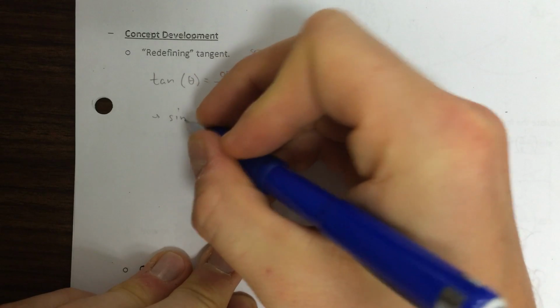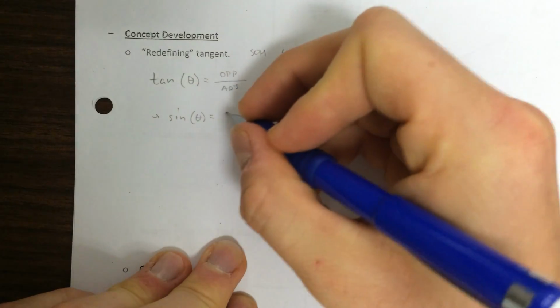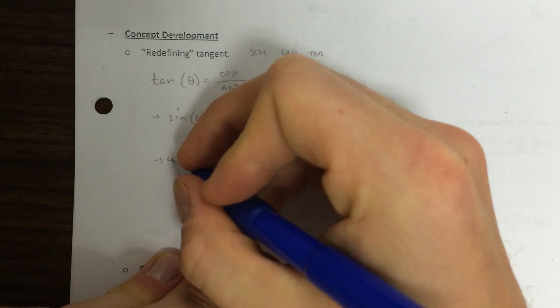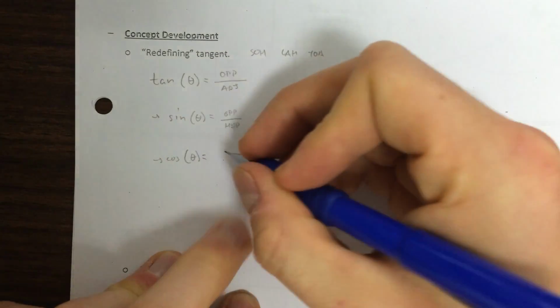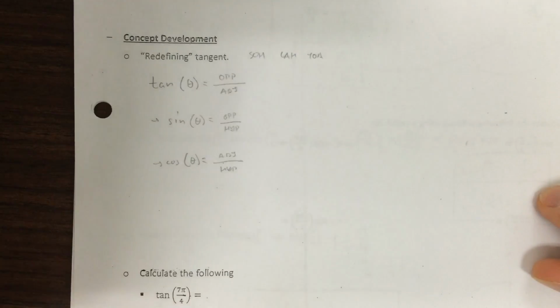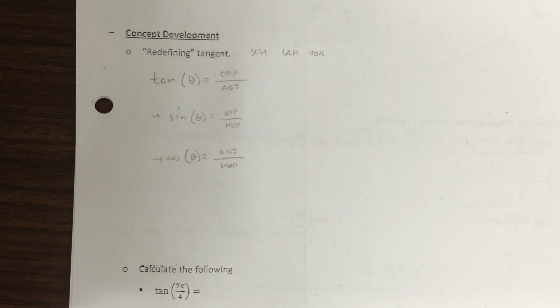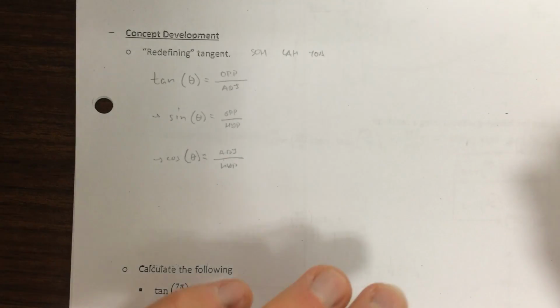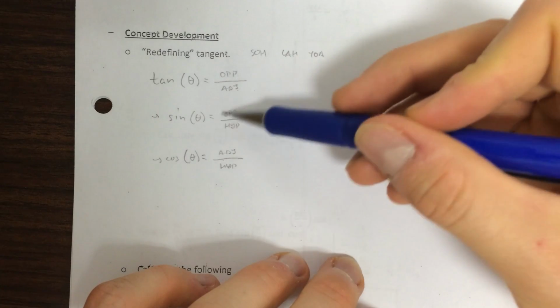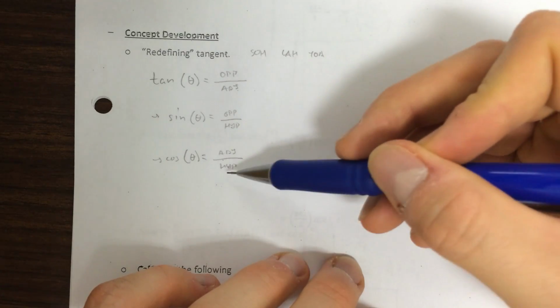Sine of theta is opposite over hypotenuse. And cosine of theta is adjacent over hypotenuse. So what we did, if you notice here, we have opposite and adjacent. Well, opposite occurs again in sine, and adjacent occurs in cosine.